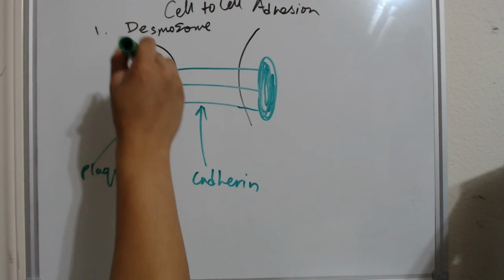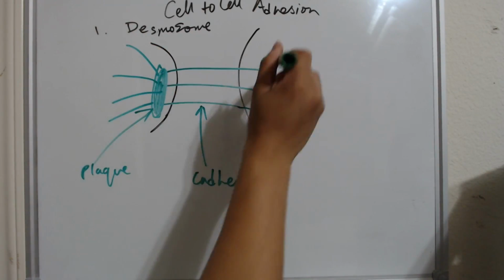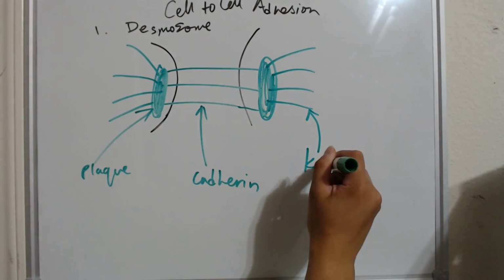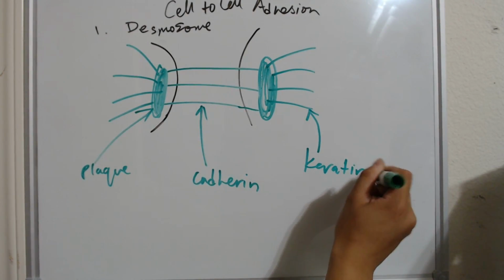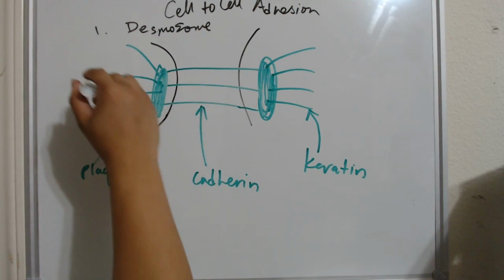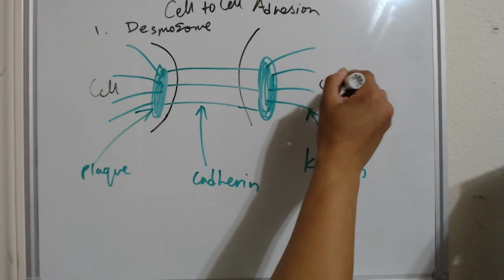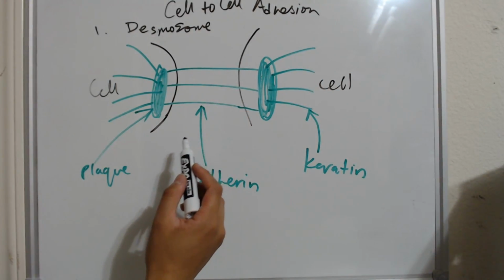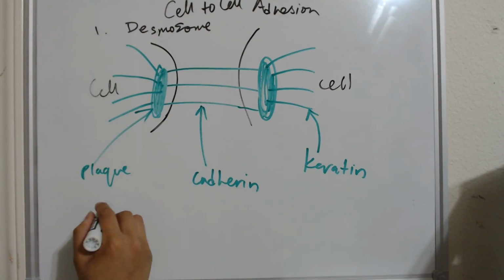And the plaque has these things sticking out of it, and this is keratin. So the cells, they don't touch, as you can see. There's distance between them.